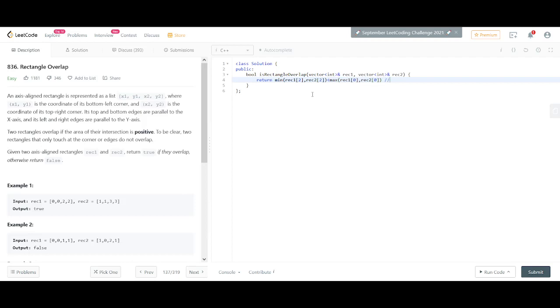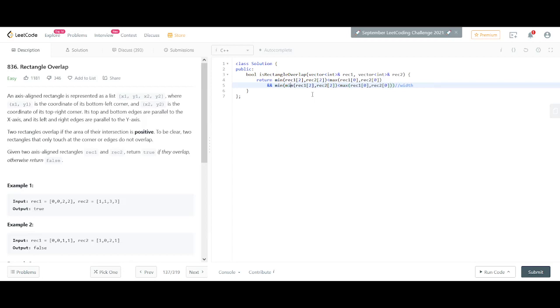This is for width. Now we need to do the same thing for height as well. For height, we have an AND operator first, and then do the same thing. The only difference is that instead of taking coordinates 2 and 0 for rec1, we'll be focusing on coordinates 1 and 3.